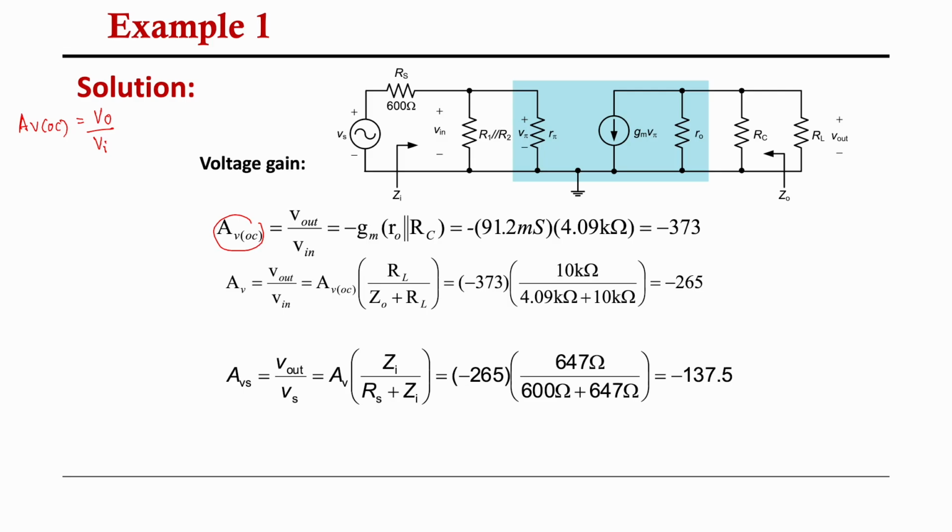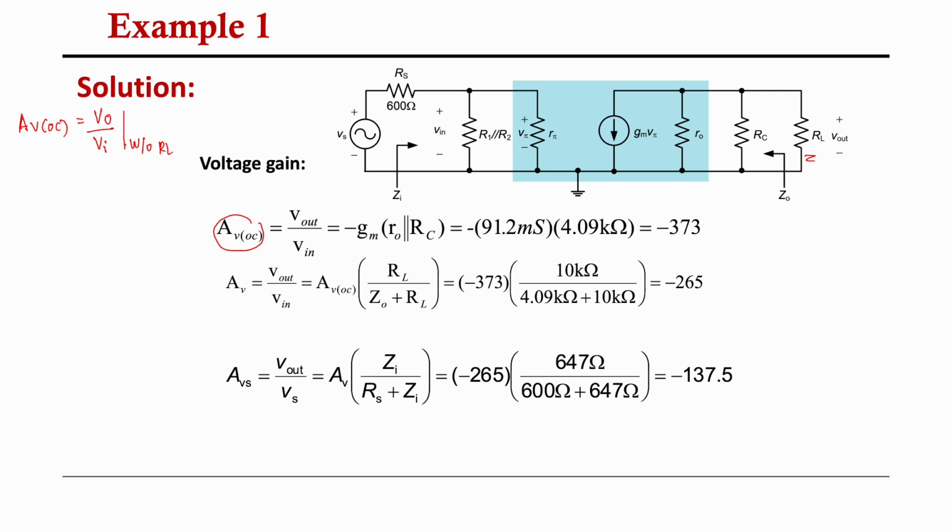V out over V in. So this is without RL. But in this case we have RL, right? So now let's just use the without RL case first.